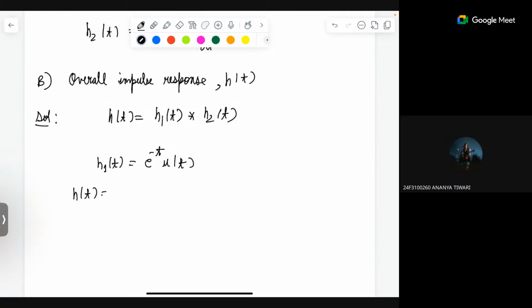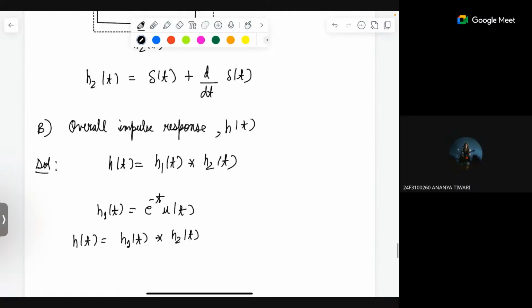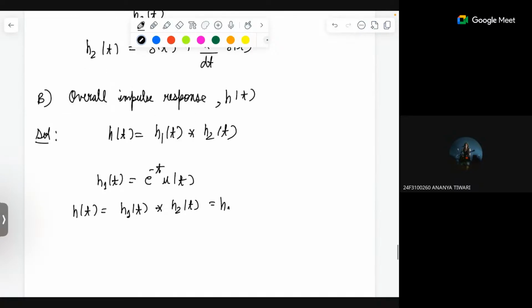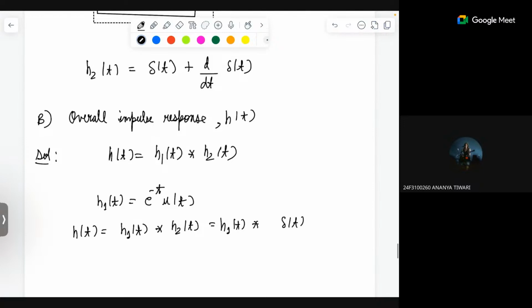So now I will start solving. h of t is h1 of t convolved with h2 of t. Now in h2 of t we have these delta functions. So convolution with delta gives me the same function back. So I will first use that. So h1 of t convolved with delta t plus d by dt delta t.